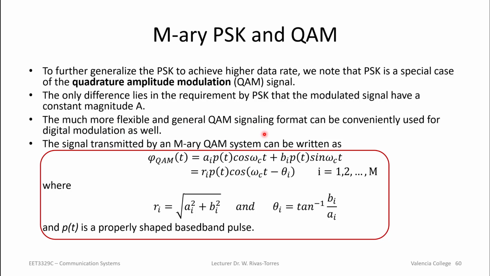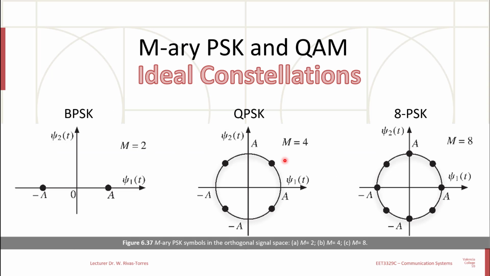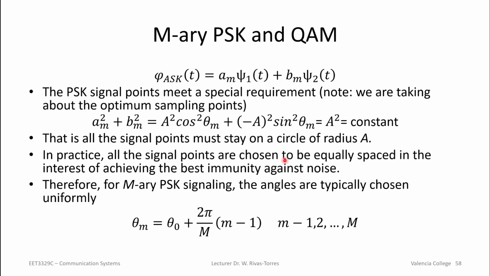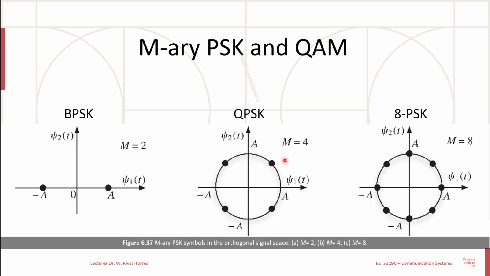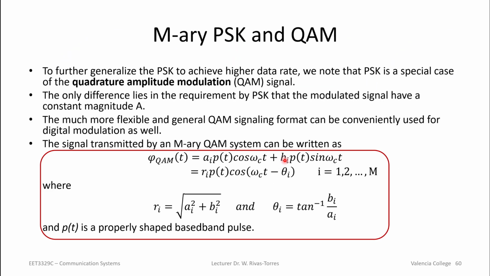So the much more general QAM signal format can be used for digital modulation as well, right? And the signal looks like this. Now you have to look at it carefully. Now notice that you have an A of i times p of t and a B of i, whereas before these were sort of fixed quantities because they had to have the constant amplitude, right?